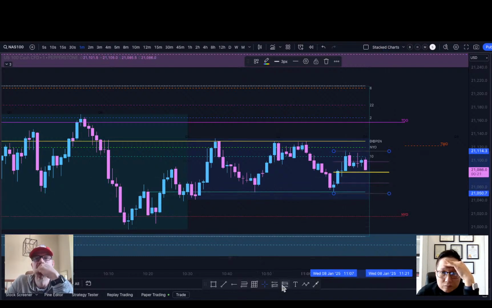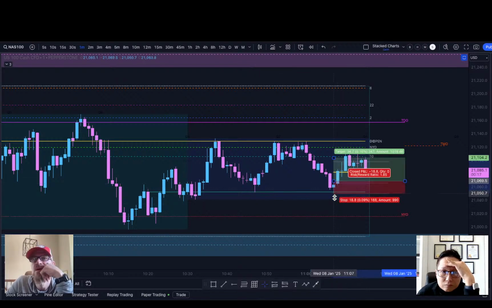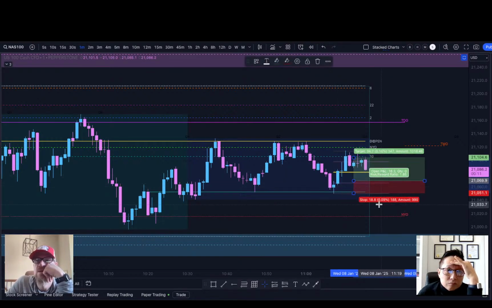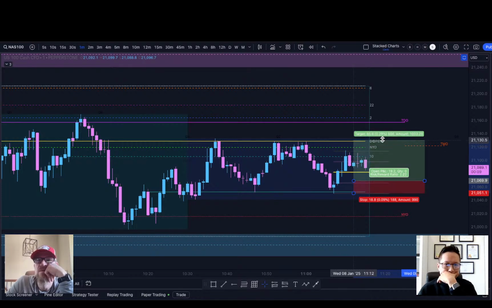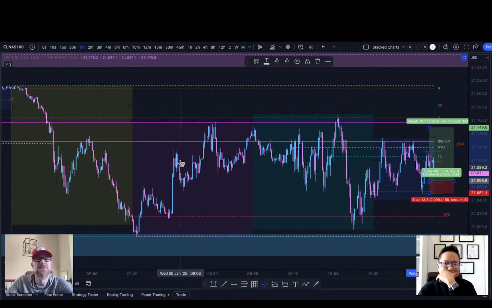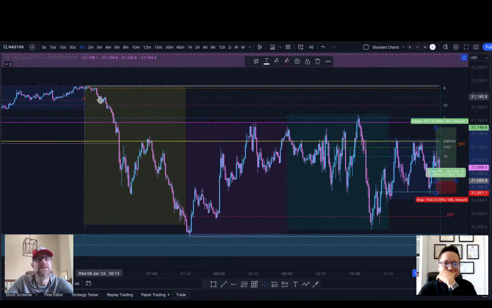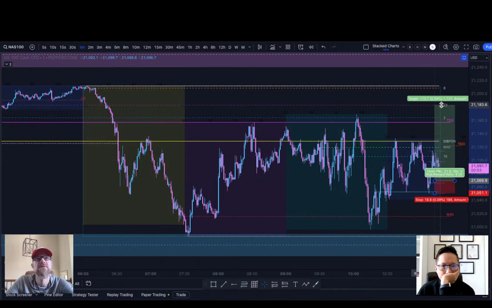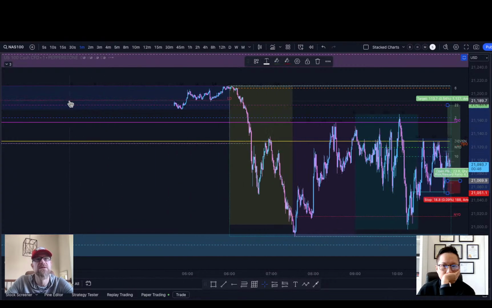How big do we want our stop? Could we handle an 18-point stop and put it here? This looks pretty good if the target was there. See, this quarter took this quarter. The only thing in this quarter unmitigated is up here. Doesn't have to come up there, but there's your London Open.